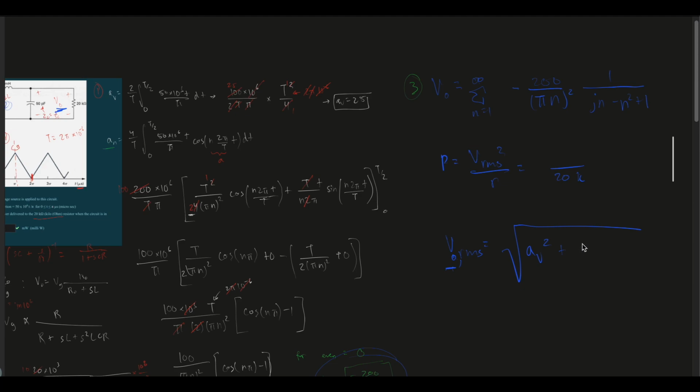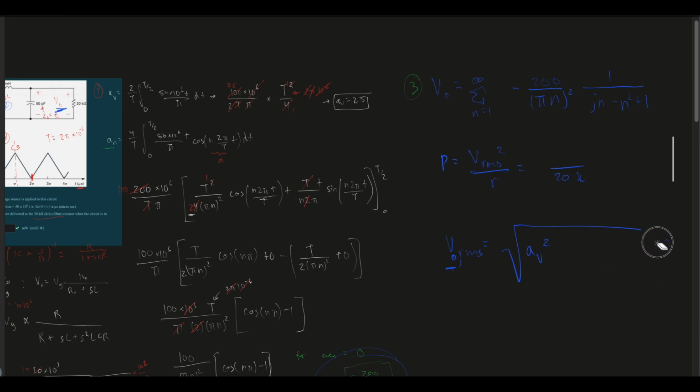We're just doing an approximation here, so we're going to have a couple different values in here. We are going to have our A1 divided by the square root of 2 squared plus our A3 over square root of 2 squared. And we're going to do this for a couple different values.